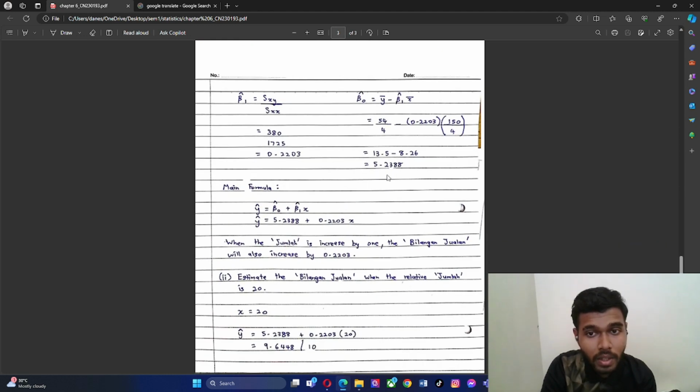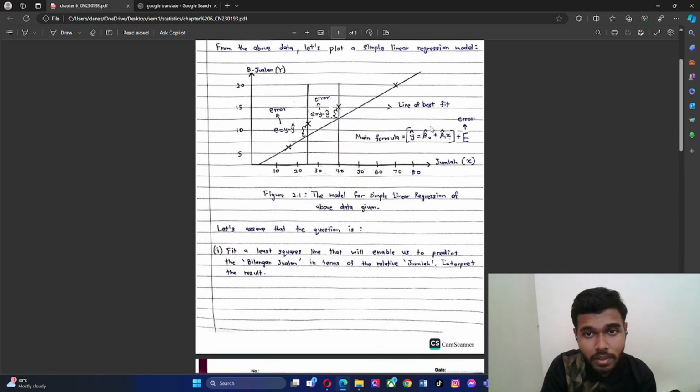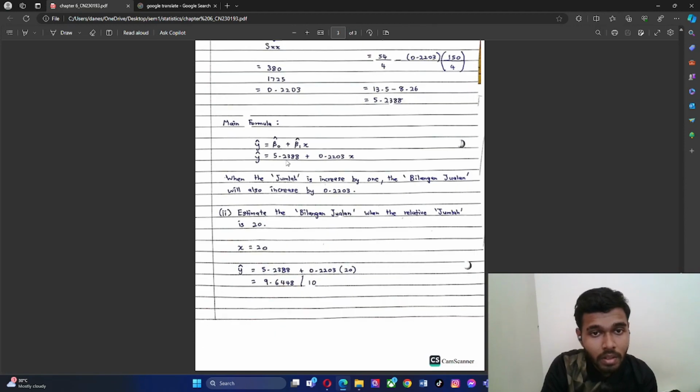After this solution, we put all the answers into the main formula, which is y equals beta 0 plus beta 1 x, as I mentioned before. So we just input the values of beta 0 and beta 1.